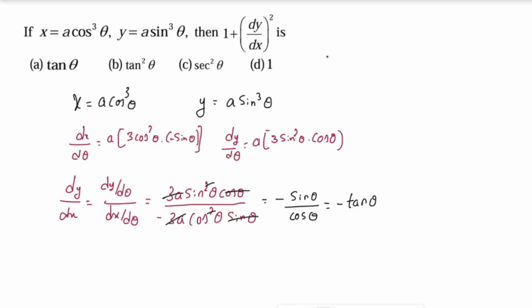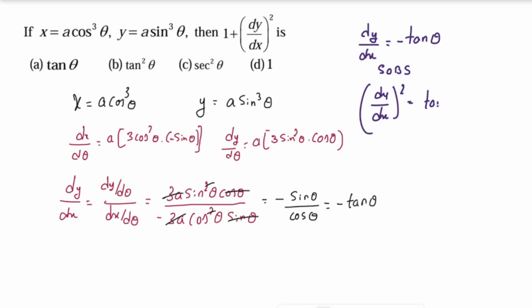Now let's see what is 1 plus dy by dx the whole square. So dy by dx is equal to minus tan theta. If we square both sides, dy by dx the whole square is equal to tan theta the whole square, which becomes tan square theta, right?